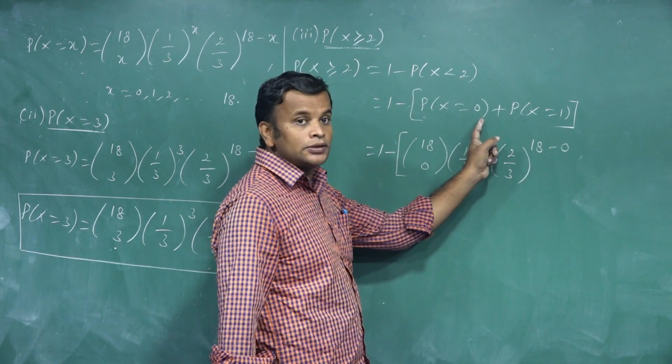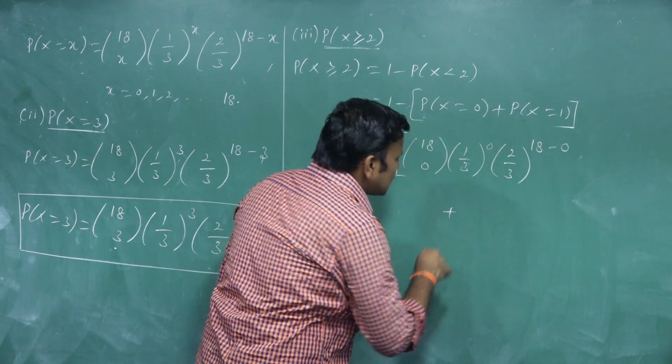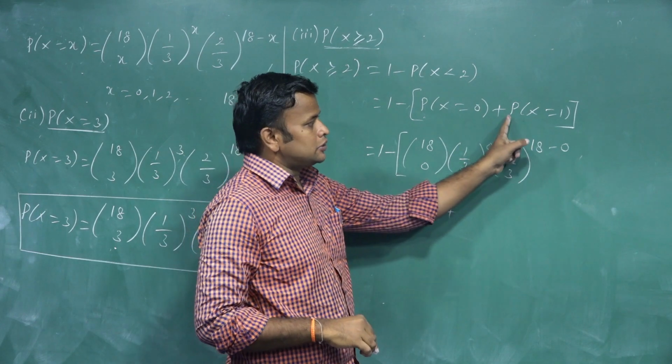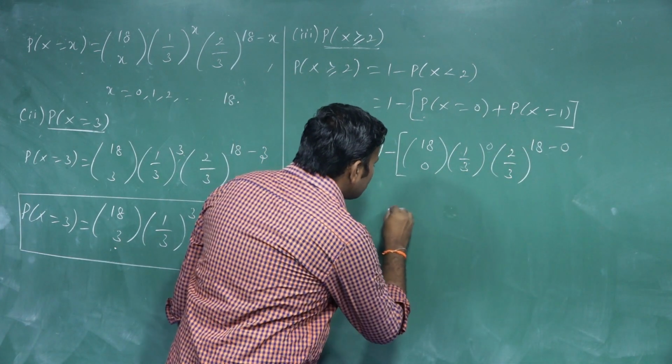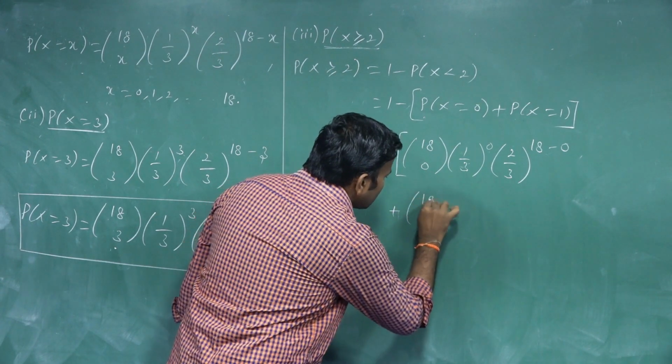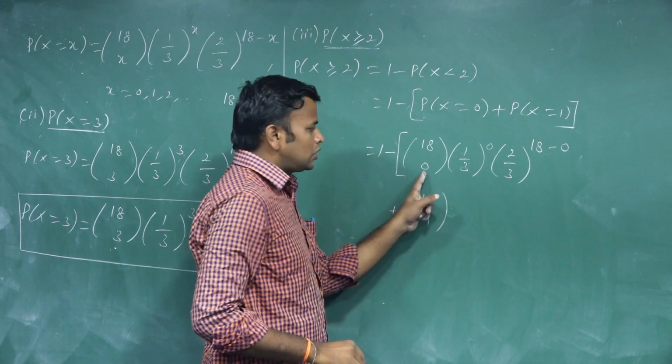So the first term is over. Plus I write the second term here, where the value of x is exactly 1. For understanding purposes I write here 18C1. The value of x is 1.